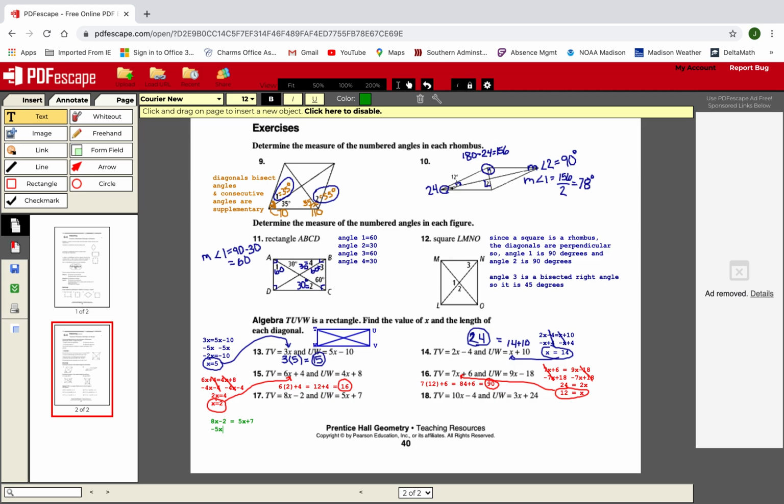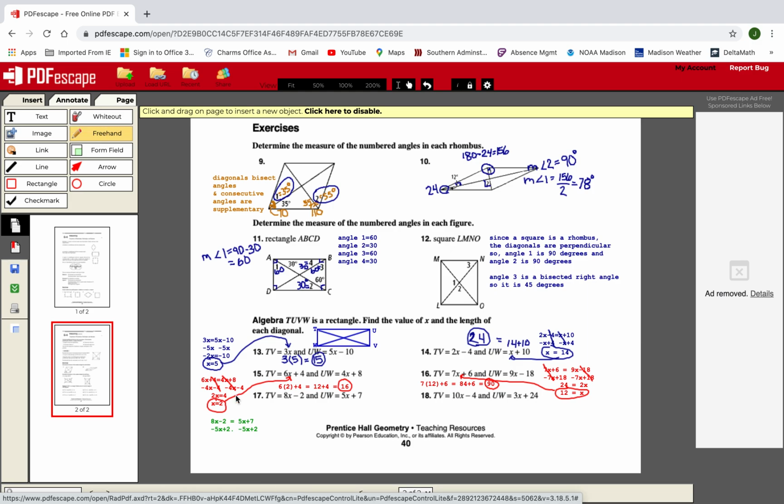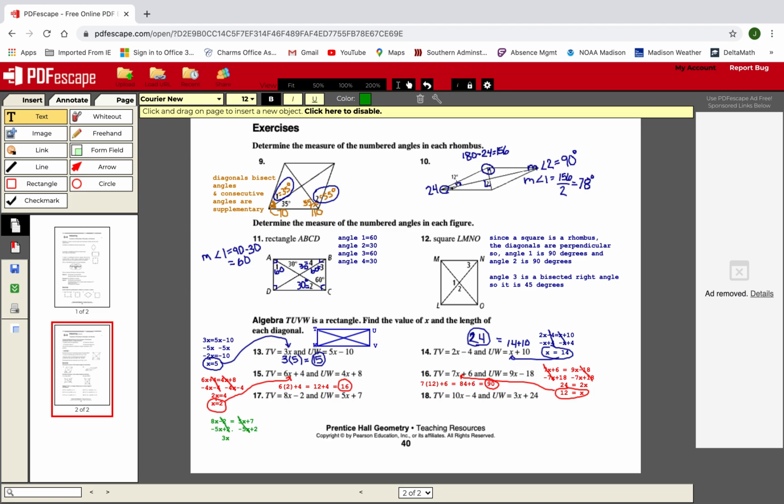So I'm going to move my constants to the right by adding 2 to both sides. Subtract 5x from both sides and add 2. So what that's going to do, and I hope that you guys are okay with what I'm doing here, is cancel constants on the left, variables on the right. Nice. And on the left side, I have 8x minus 5x, which is 3x. And on the right side, I have 7 plus 2, which is 9.